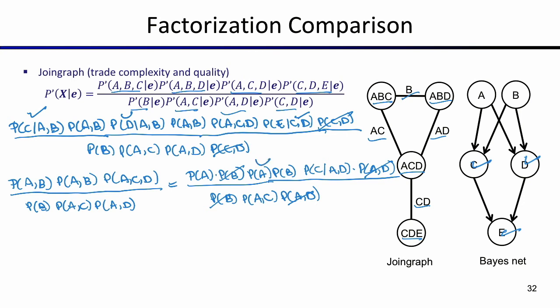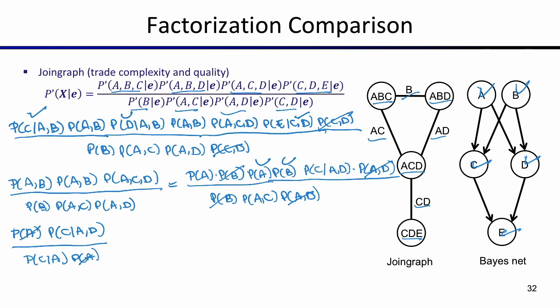So this is A and B, so let's check. We still have the probability of A and the probability of C given AD that still need to be explained, and I'm going to rewrite the denominator as the probability of C given A times the probability of A, so we can cancel this and this.